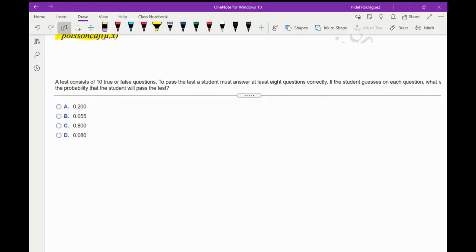It says, a test consists of 10 true or false questions. To pass the test, a student must answer at least 8. This right here, y'all, that's the key. At least 8. If a student guesses on each question, what's the probability that the student will pass the test? Let's think about it this way. Remember, we're looking for a couple of things. We need to know our n, we need to know our p, and we need to know the particular value.